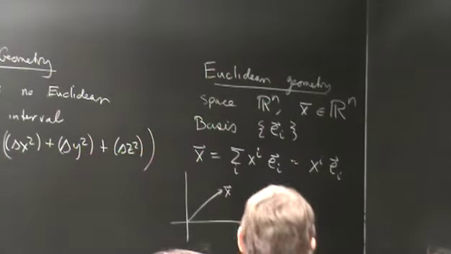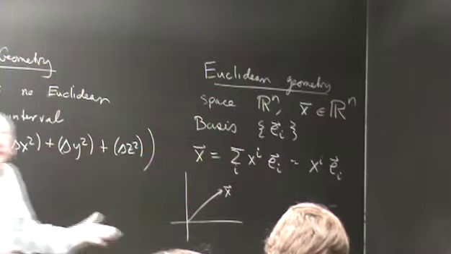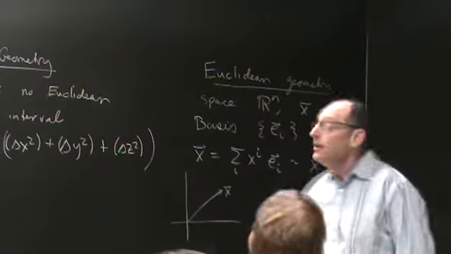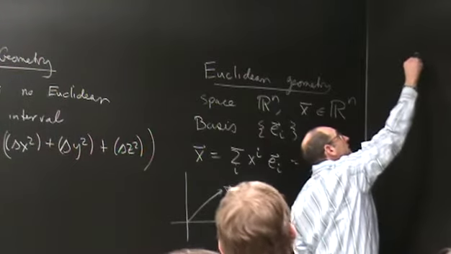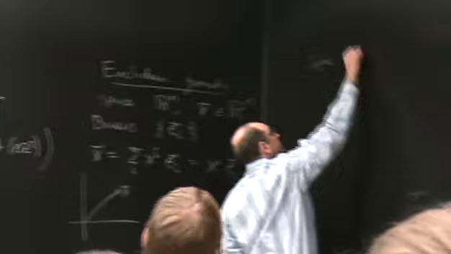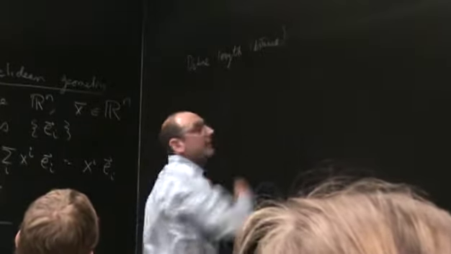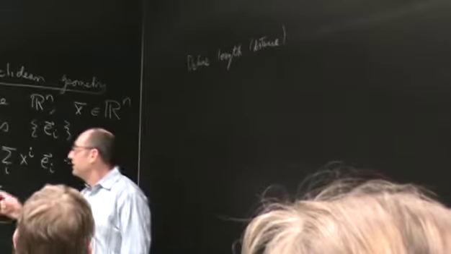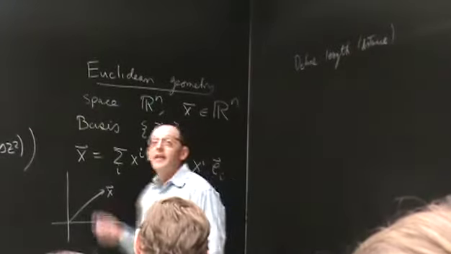The notion of distance is endowed upon the space by some definition. So we define length or distance. So for example, we can say, what is the distance of this point from the origin? Which is the length of that vector.